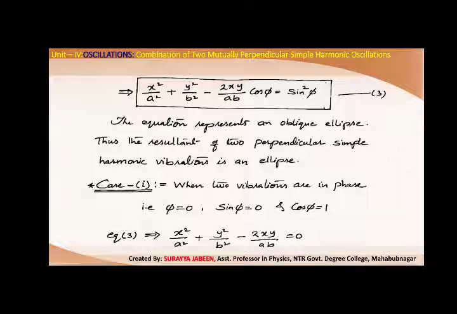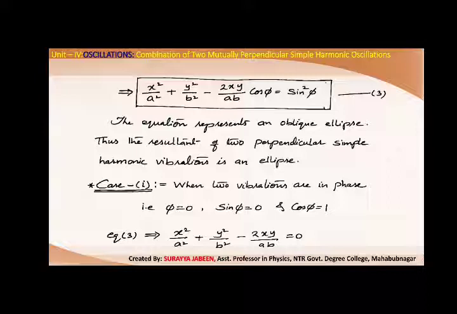Now for this final equation we can take many cases. Here what is phi? Phi is the phase difference between the two vibrations. We can take many values for phi, then we get different equations of resultant vibrations.